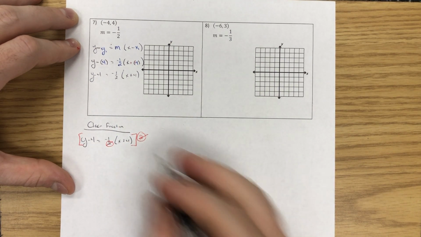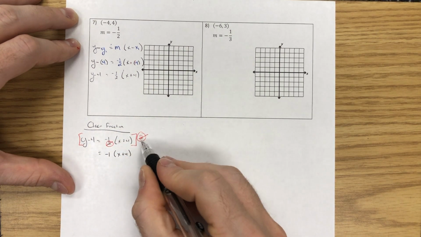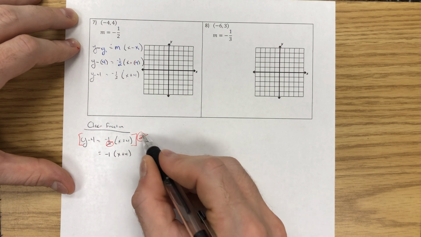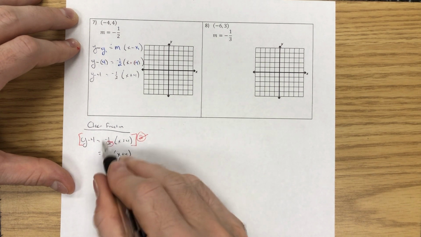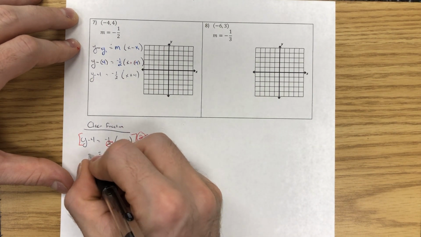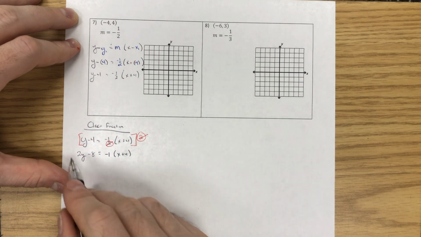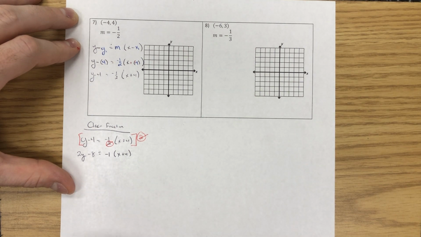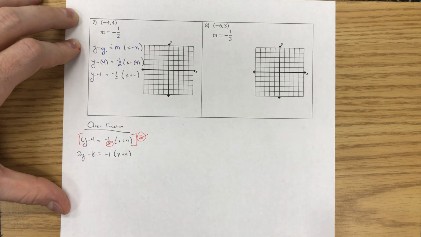And I'm left with, on the right-hand side, a negative 1 times x plus 4. Remember, we don't go inside those parentheses because I only distribute once. So I'm only distributing right here, and right there. Now everything is, I guess you would say, standardized. There are no more fractions, so we can work it as we would normally work it.